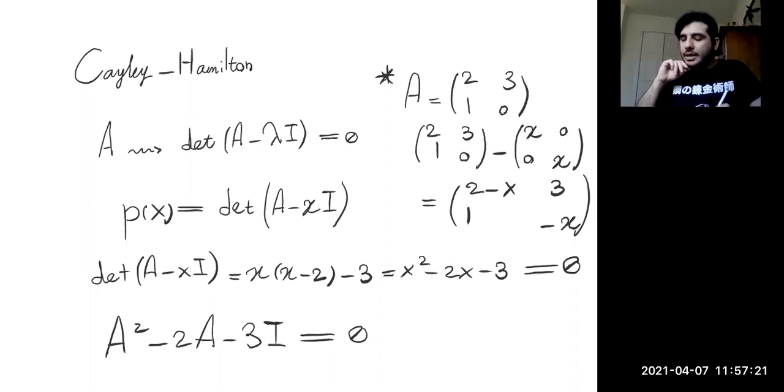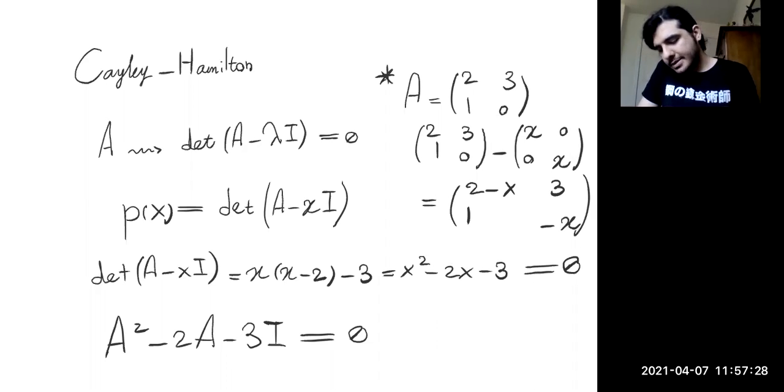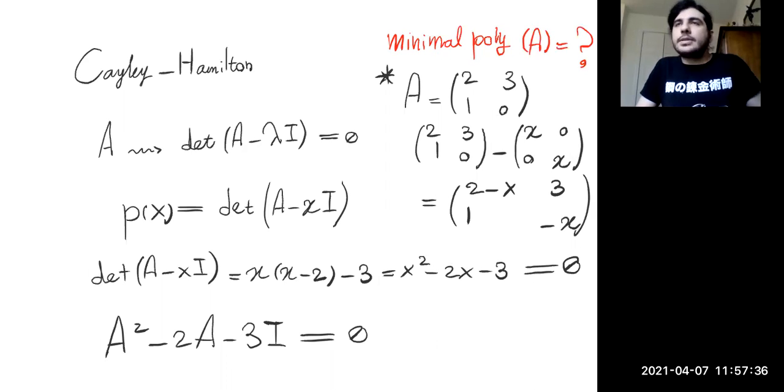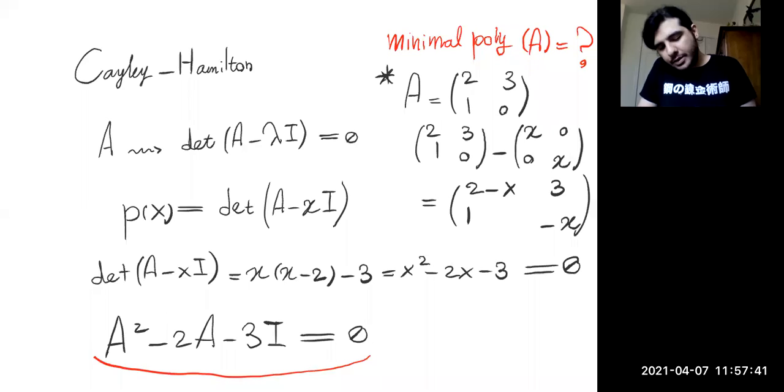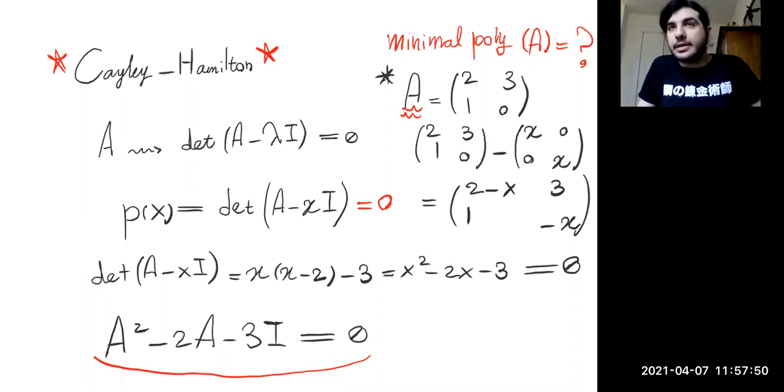Okay? Now here, in this specific question, suppose for this specific matrix A, I want to see what the minimal polynomial of A is. So you see here, I have already found that the Cayley-Hamilton theorem tells me the matrix A is a root of its characteristic polynomial.